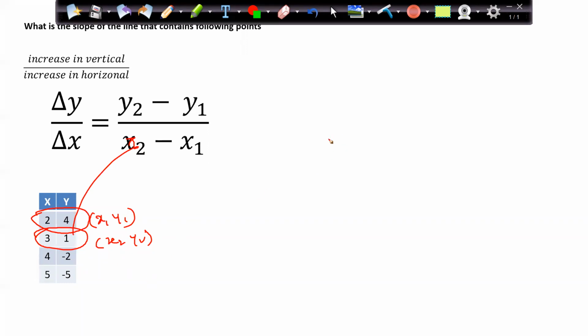So y2 is 1, y1 is 4, x2 is 3, x1 is 2. Let's apply the difference: -3 by 1. That means the slope of the line that contains the following points is -3.